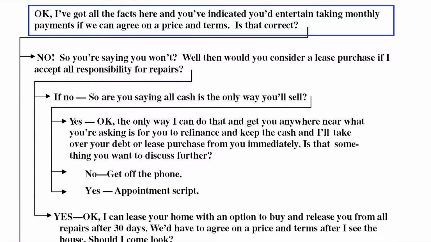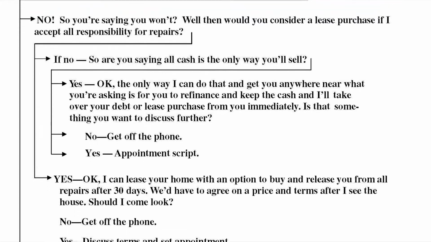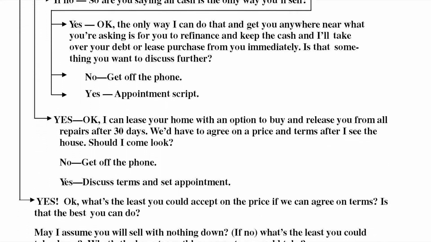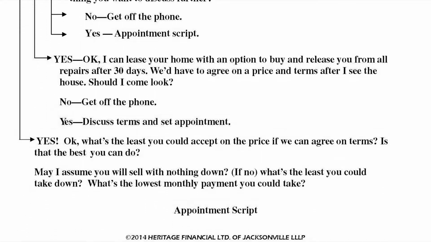You've indicated you'd take monthly payments, and now follow the arrow. First they say, is that correct? If they say yes, follow the arrow all the way down to the bottom, and you'll see what you need to say next if they agreed that they would take monthly payments, or if you just heard them say that.